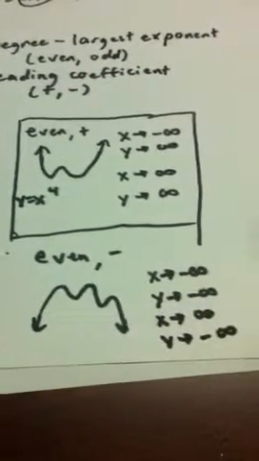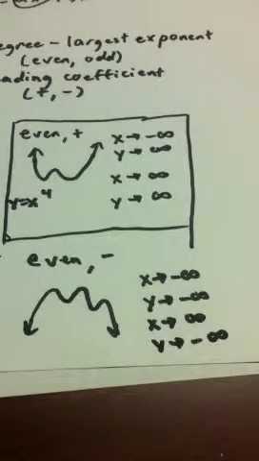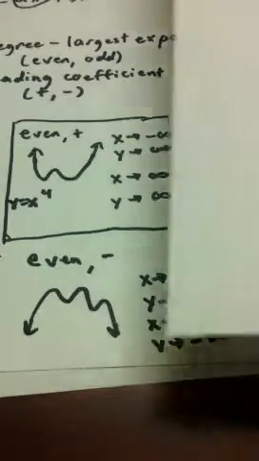So basically for an even degree polynomial, your end behavior is going to do the same thing, both going to infinity or both going to negative infinity. So that's the even. So what's the odd going to look like?